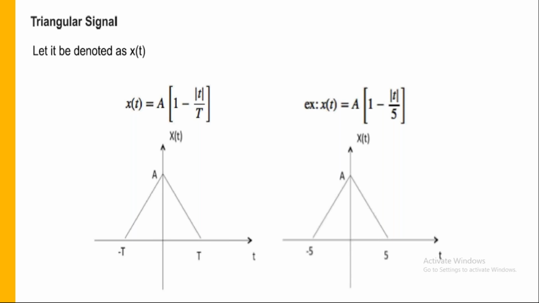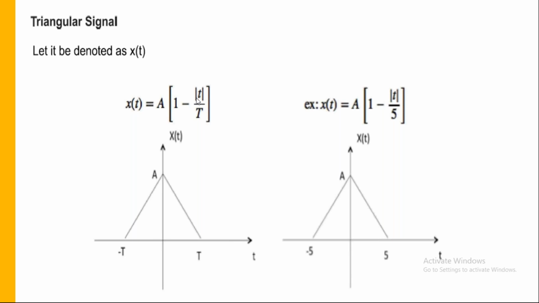Observe it and you can understand this, and it is denoted as x of t. You can write this signal as a mathematical function like this: x of t equal to capital A into 1 minus modulus of t by capital T. Now try to understand what this modulus is. When I say modulus, it exists on either side.